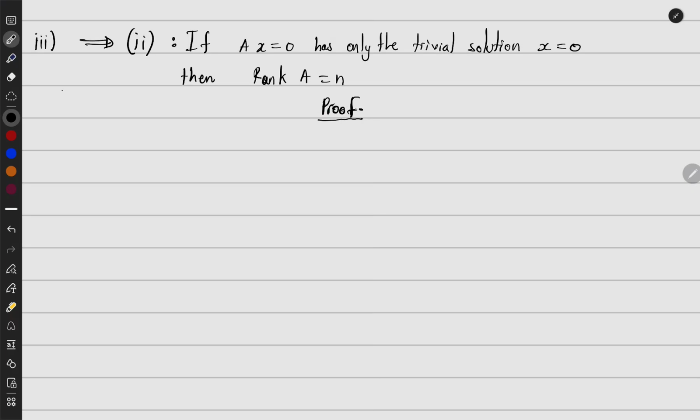Now, just like I said, you begin from what you know. So you suppose that our AX equals 0. If AX equals 0, what does this mean? It means it has only that solution.